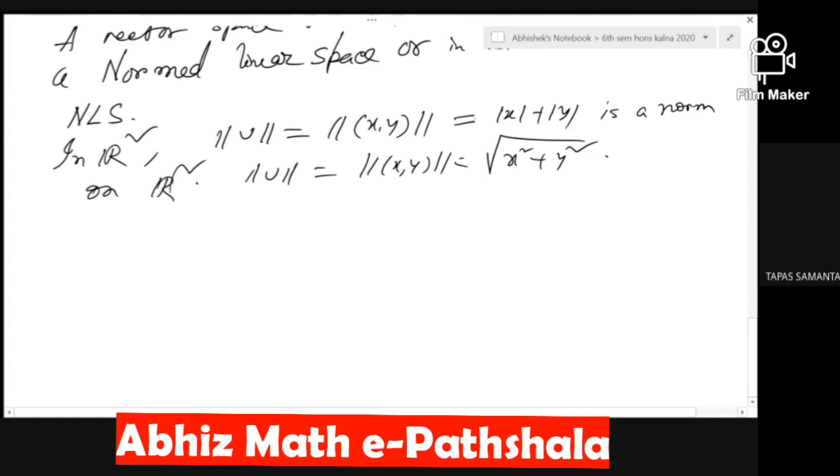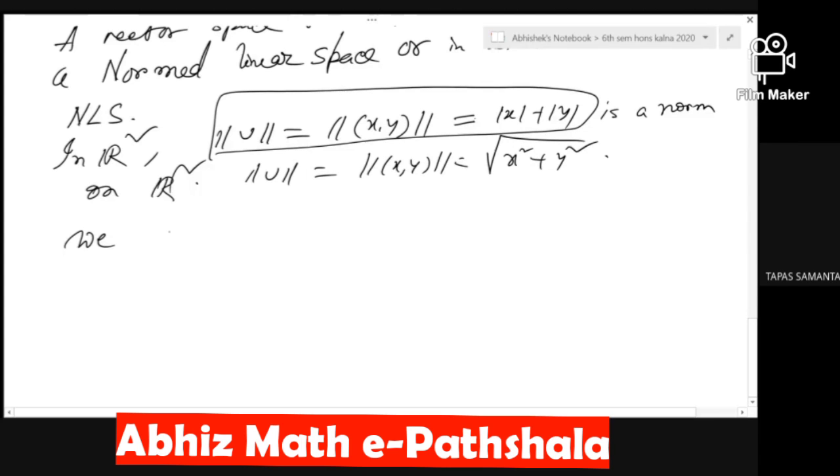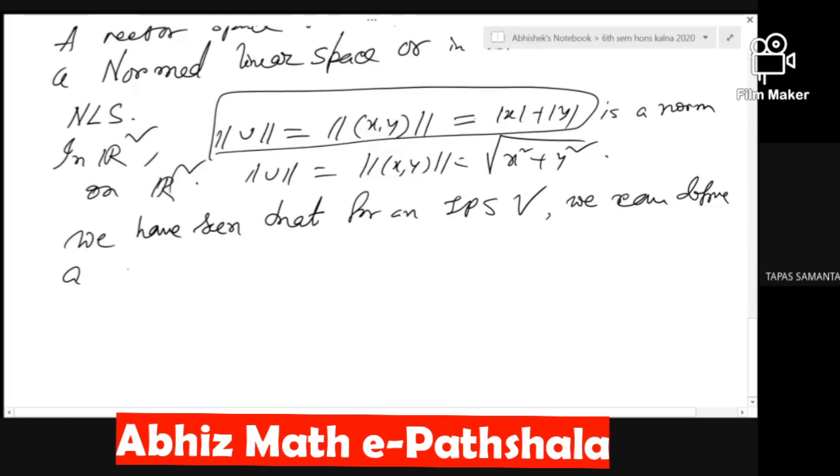And it should be noted, this is very important, that we have seen that for an inner product space V, we can always define a norm, which is norm v equal to root over of inner product v comma v.